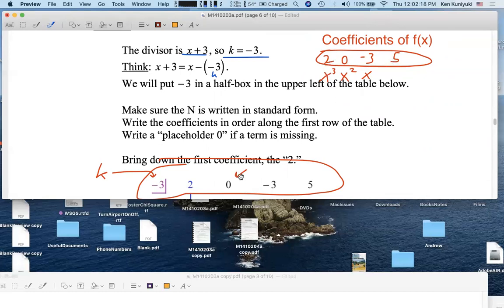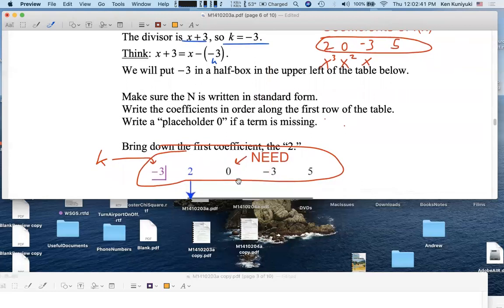You must put that 0 there, corresponding to the missing term. If you put 2, negative 3, 5, that's going to be wrong. You have to put 2, 0, negative 3, 5. You absolutely need this. I don't care who you are. You need it to show your work. Okay. And then we leave the second row blank for now.